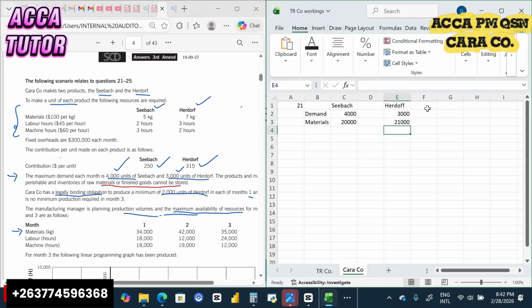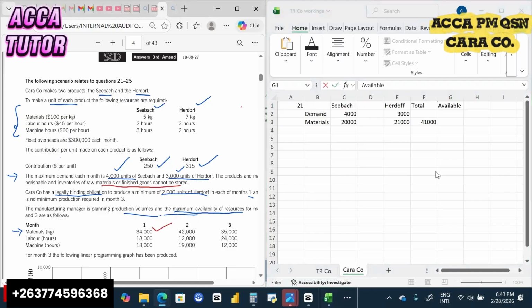So the total is that plus that one, 41,000. How many units are available? We have got 34,000 from the question. We've got 34,000, right?